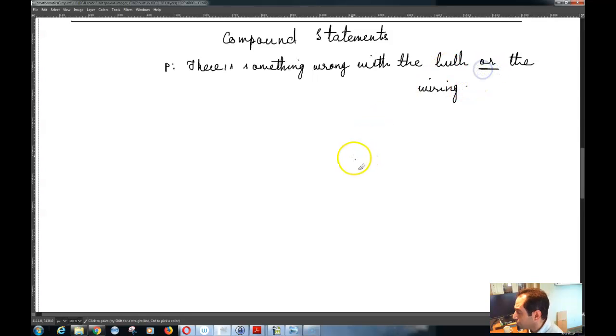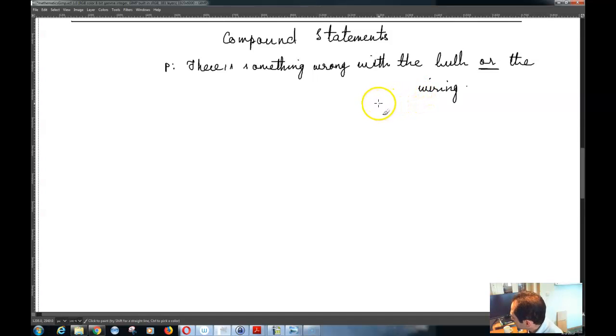So there is an or over here. Now this statement tells us that there is something wrong with the bulb or there is something wrong with the wiring. So if you want to break this down, you can say that there is something wrong with the bulb or there is something wrong with the wiring.